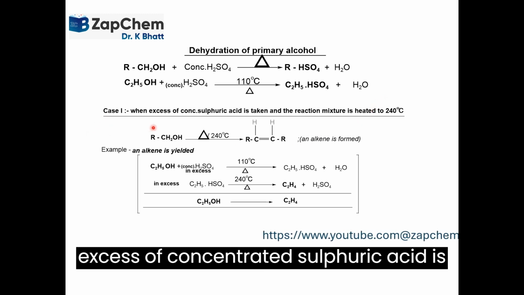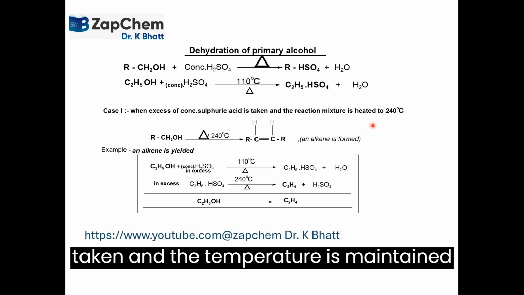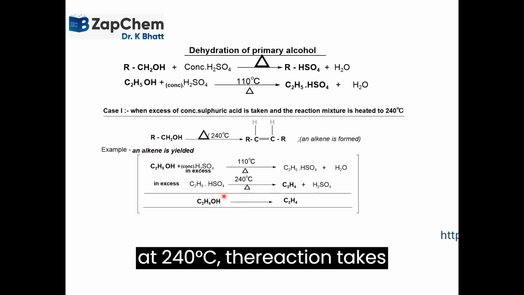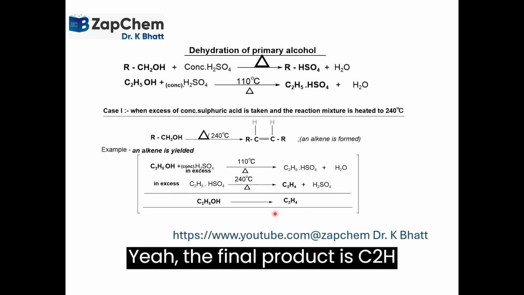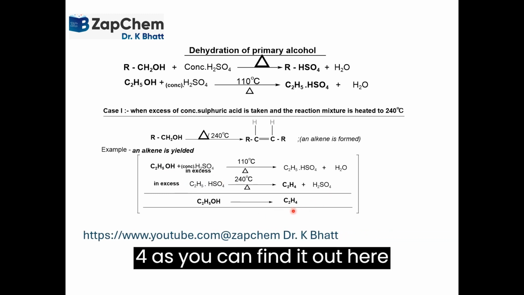But when excess of concentrated sulfuric acid is taken and the temperature is maintained at 240 degrees Celsius, the reaction takes place in two steps. And here, the final product is C2H4, as you can find here.